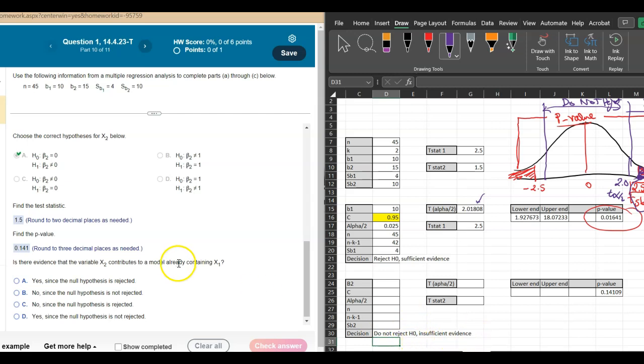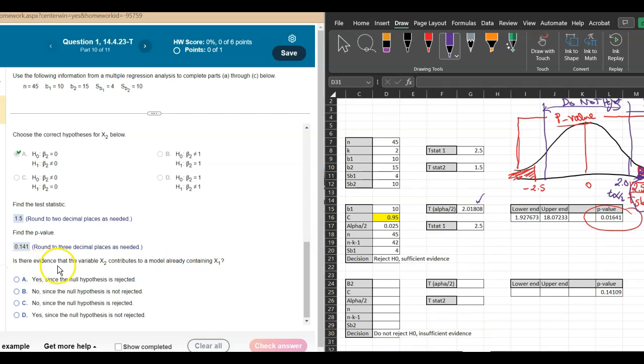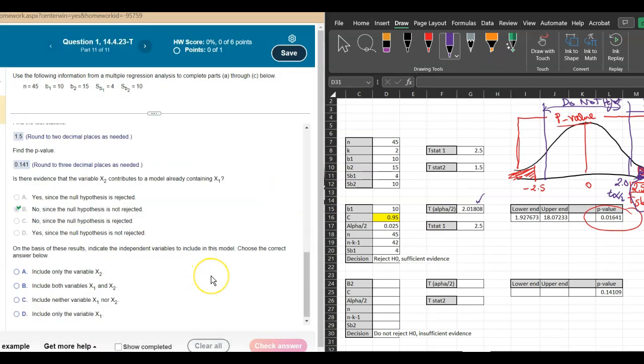So do not reject, that means we don't have a good correlation. So here it's saying, is there evidence that the variable x2 contributes to the model? And no, there is no evidence, and the reason is because we did not reject H0, right? So no, since the null hypothesis is not rejected, that would be B. Now one of them was good for us, we see the x1, and the x2 was not a good one, right?